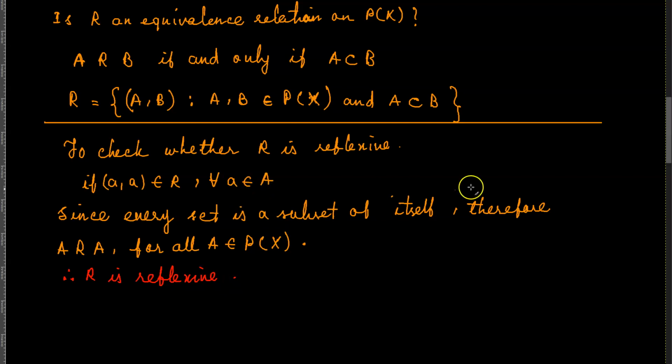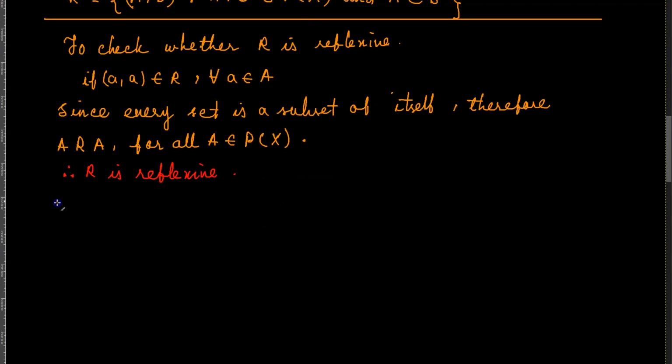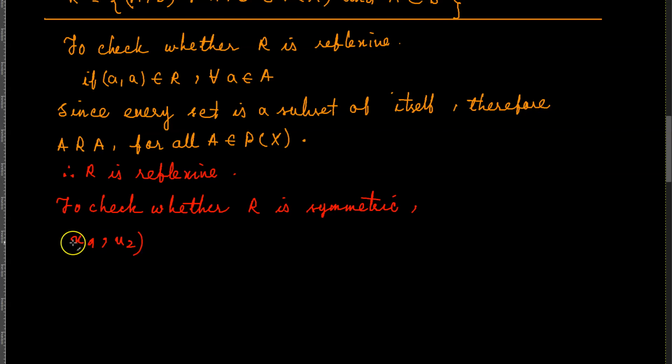Now, to check whether R is symmetric, what we need to check is that symmetric means that if x1 comma x2 belonging to R implies that x2 comma x1 also belongs to R for every x1 and x2 belonging to A, for example, right?